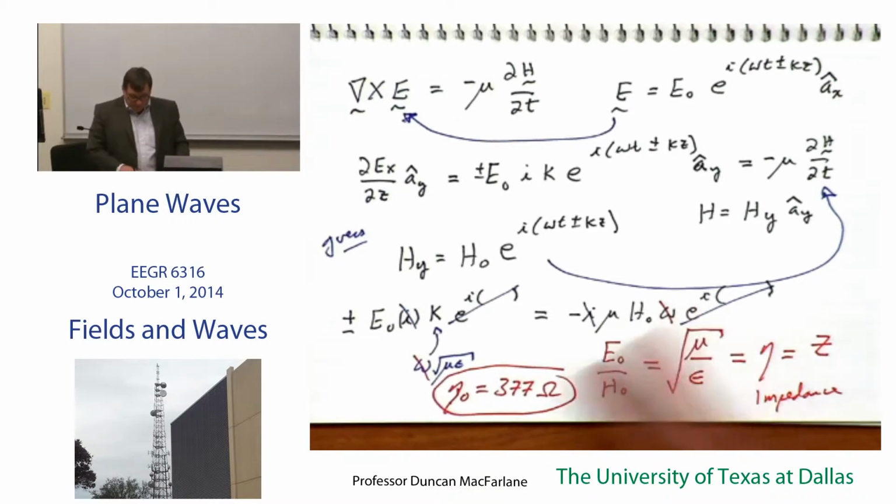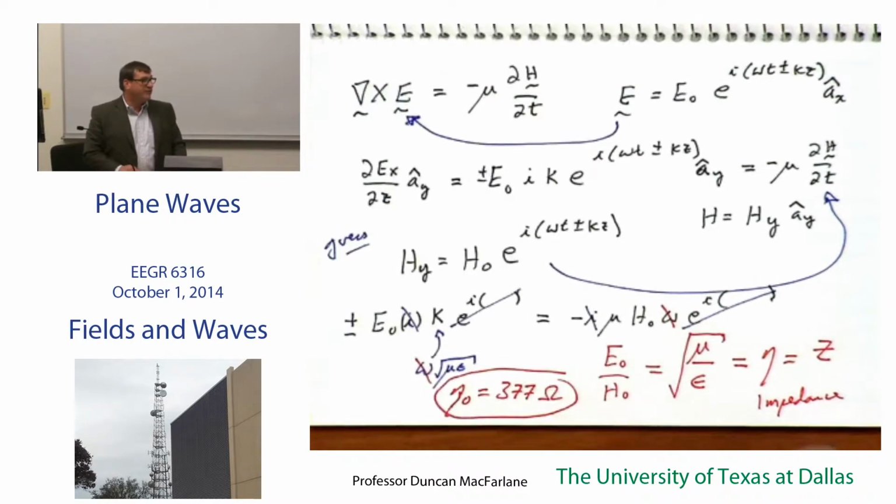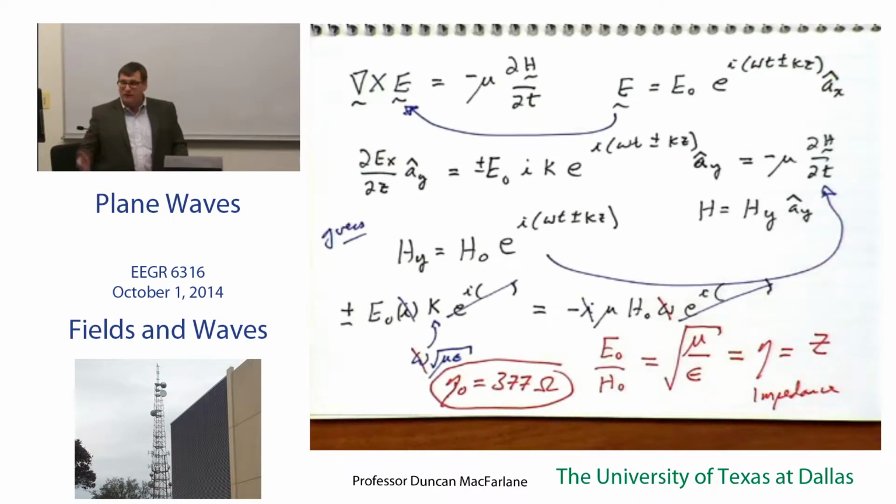And so what that means is 377 ohms is about the highest impedance you're going to get normally in propagation. And it's not going to be negative. Something very strange would have to happen if it was negative.